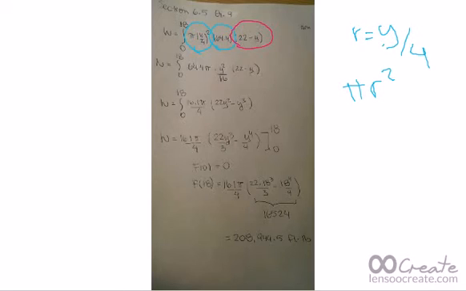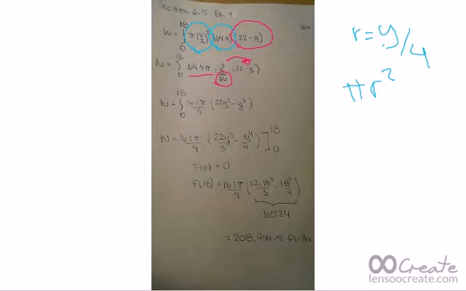From here, it actually gets pretty simple. We have some constants. We have this as a constant, and then we have 16 as a constant. I took them all together and then just got the y to multiply with this.